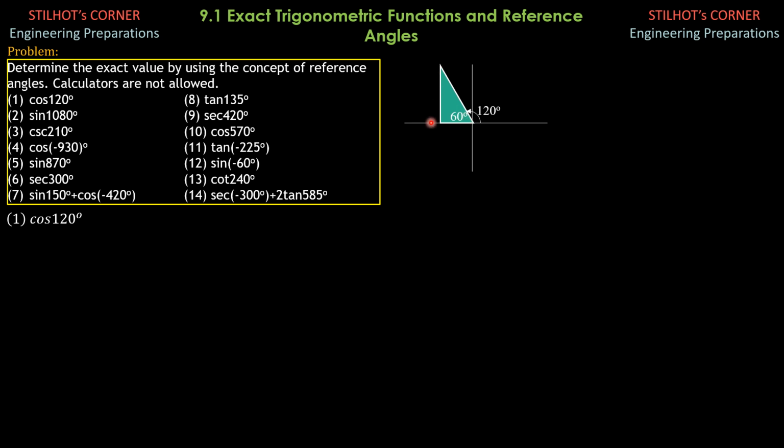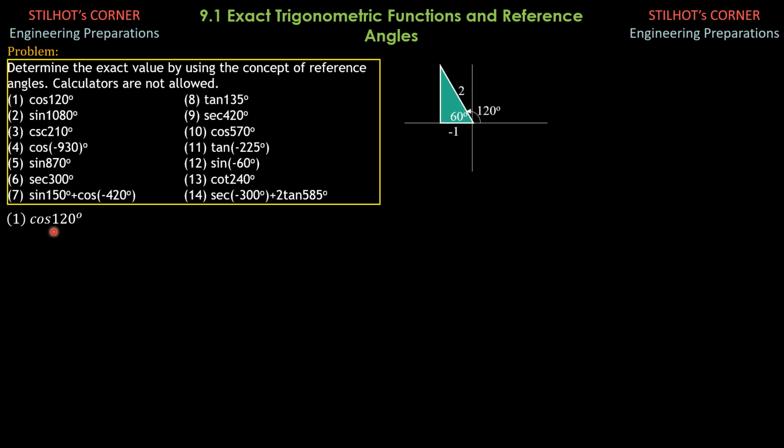So the parts of this right triangle: opposite is square root of 3, adjacent side is 1, and the hypotenuse is 2. The adjacent side, since this lies in the second quadrant, is negative, you know that. So therefore this is negative 1. This is positive square root of 3, and that is hypotenuse 2.